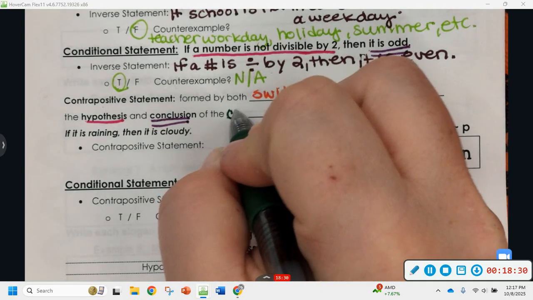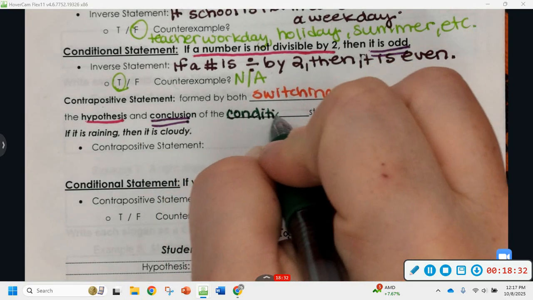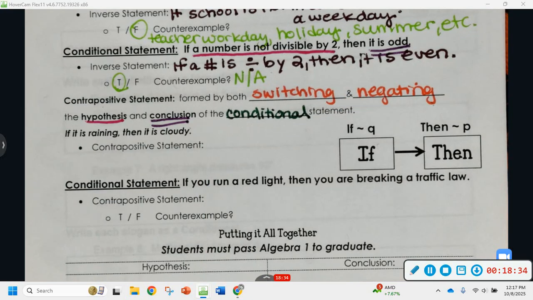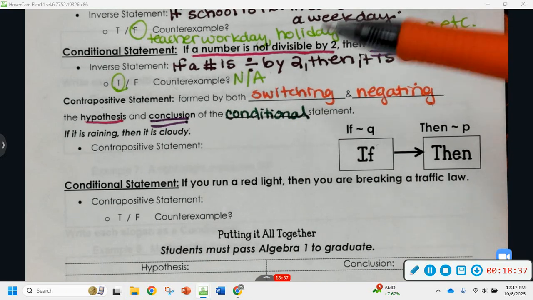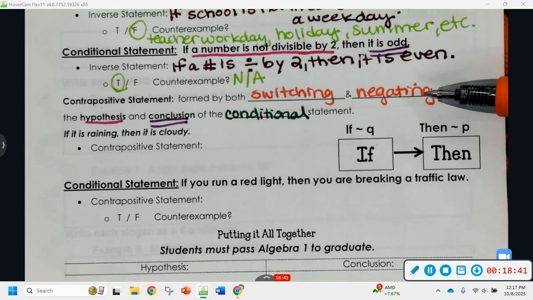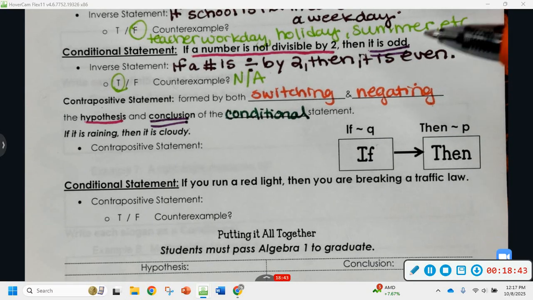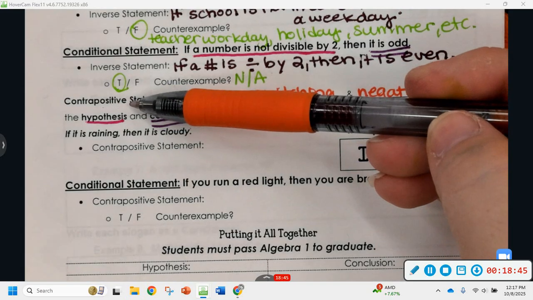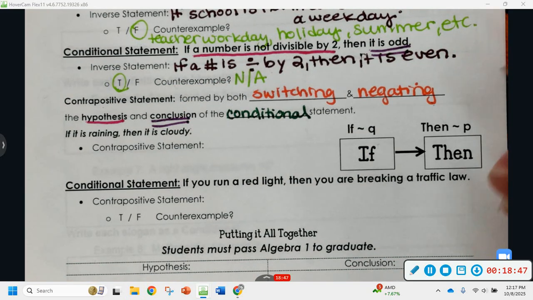The original statement was your conditional. So you're going to do the converse by switching it, and you're going to do the inverse by negating it. And so when you do both of those things, we now call it your contrapositive.